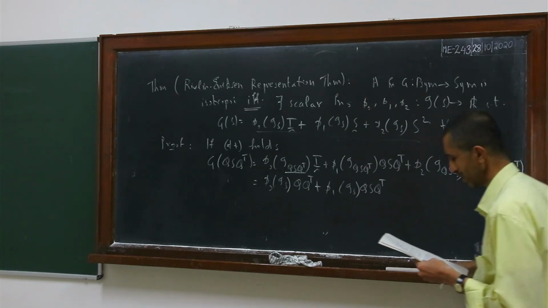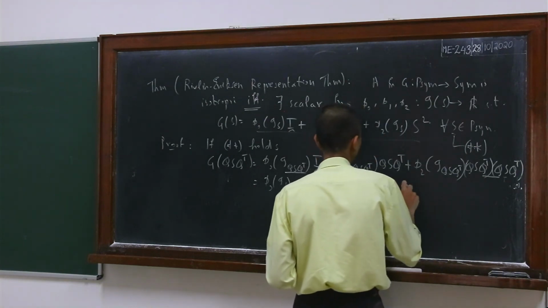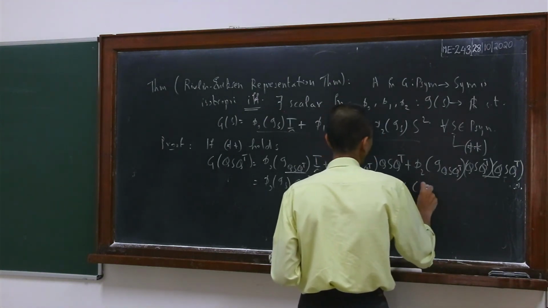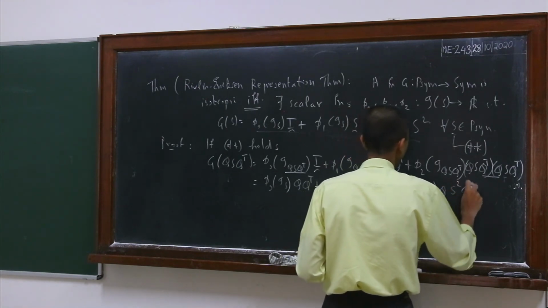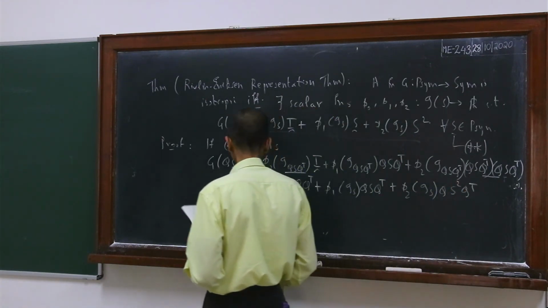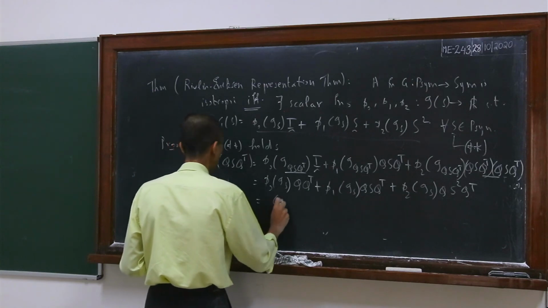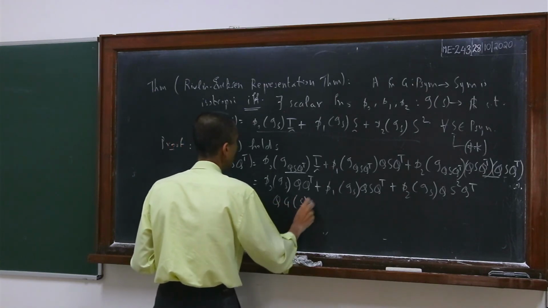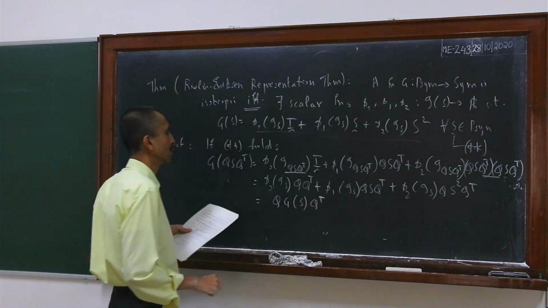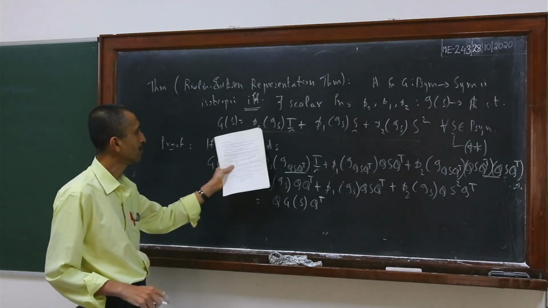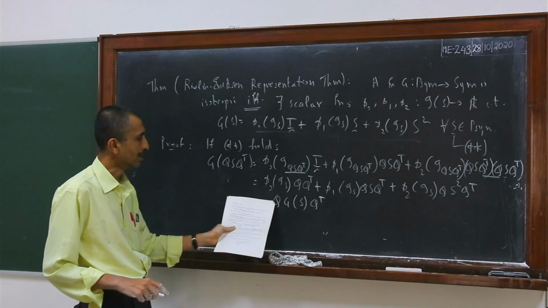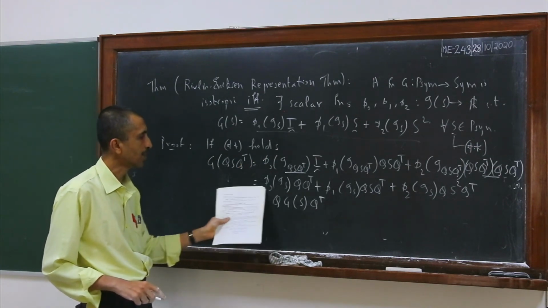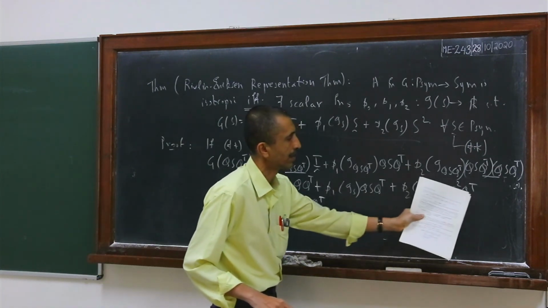So this is plus phi2 of I of S times q S squared q transpose. And this I can write as q times g of S times q transpose. Because if you write g as phi naught of I plus phi1 times S plus phi2 times S squared, you will see that q times g of S times q transpose is this particular line here.